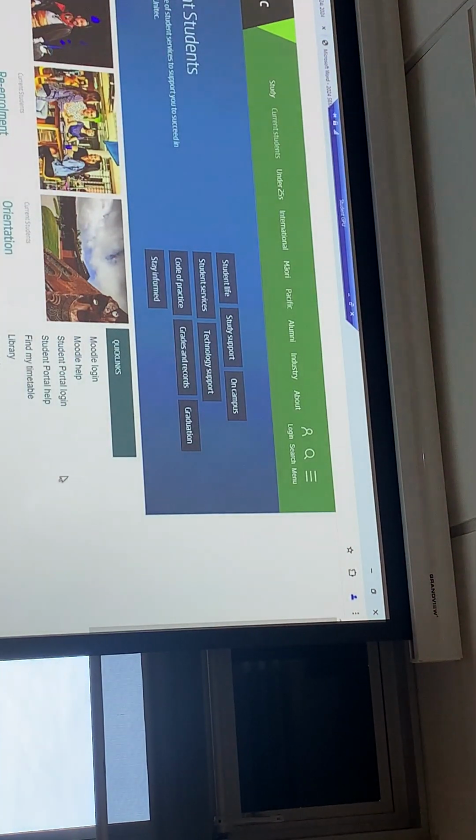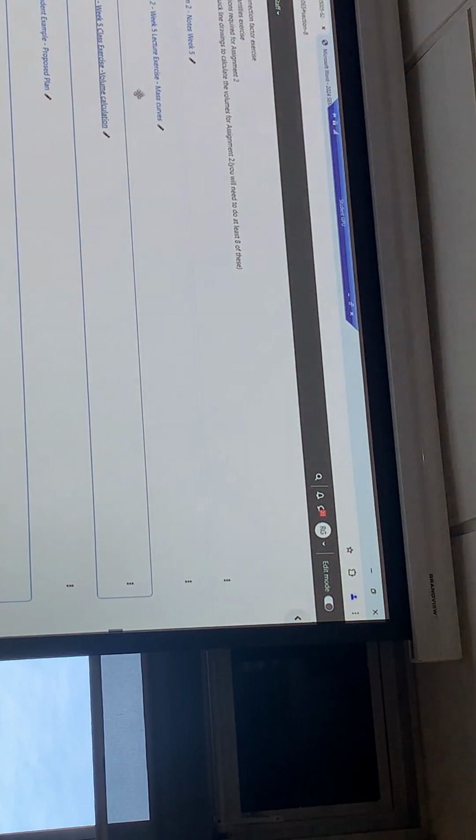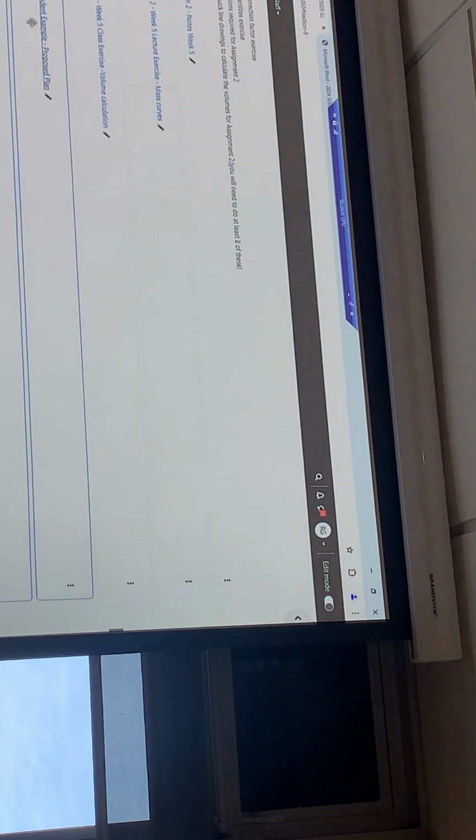Okay, so I'm going back to Moodle now. What I want you to do, I think I've made that available, have I? Let's have a look. Week 5. Mass curve, volume calculation.